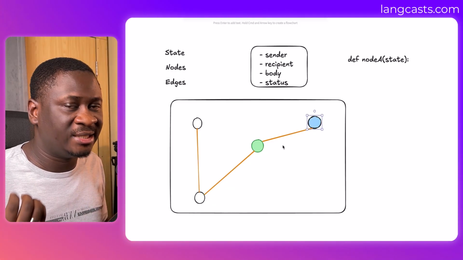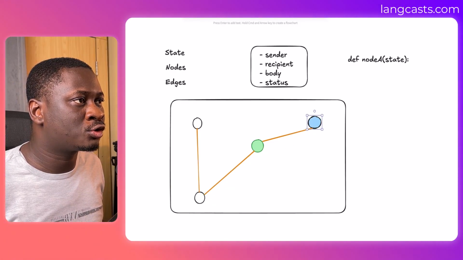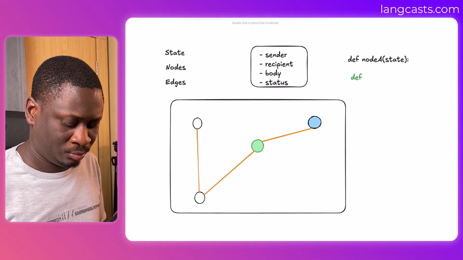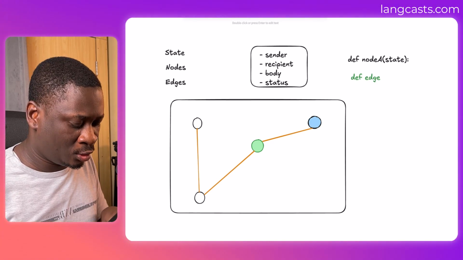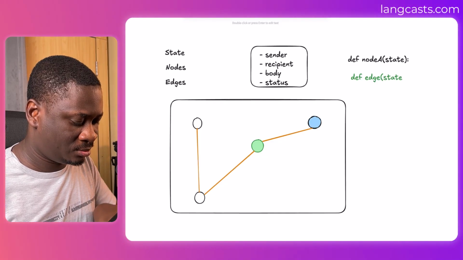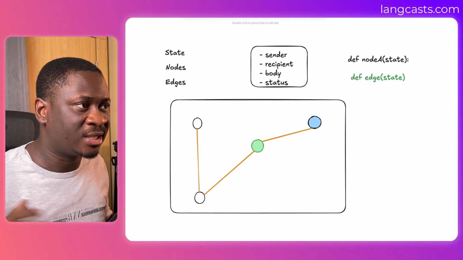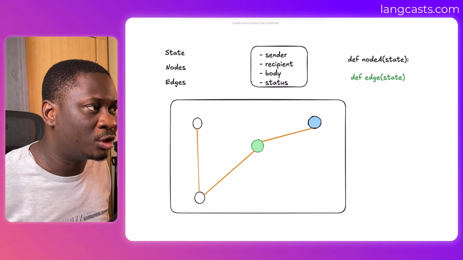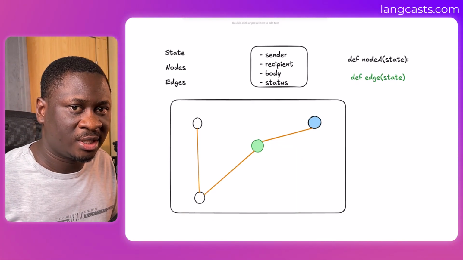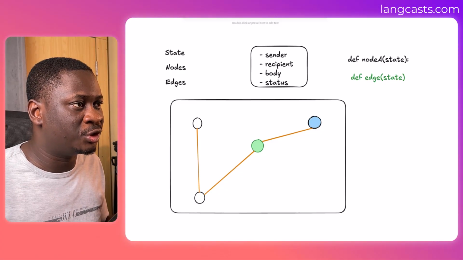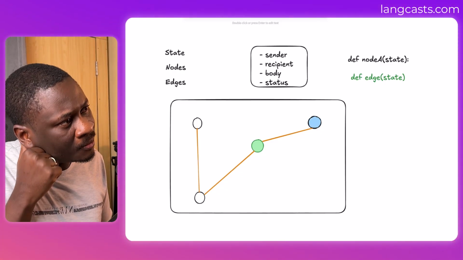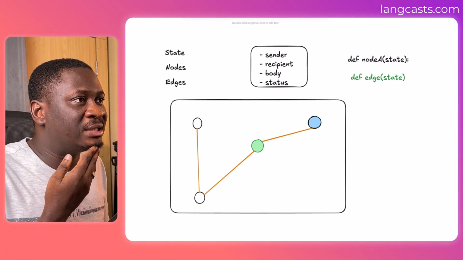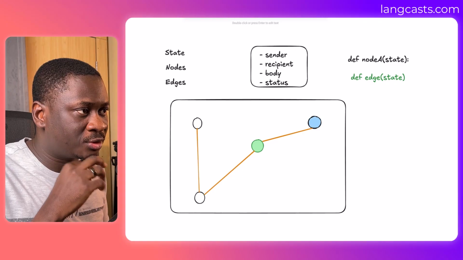And when you define the edge as a function, it can also take in the state of the AI agent, because most likely it needs some sort of state information to be able to evaluate a condition. For example, let's say we have two nodes, one that drafts emails and one that sends emails.